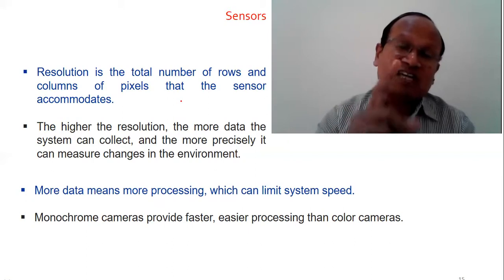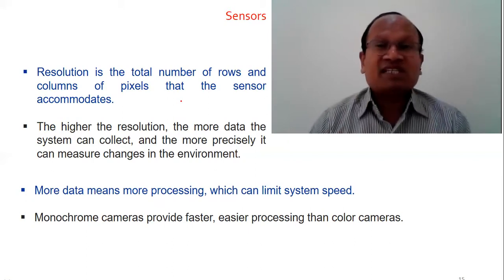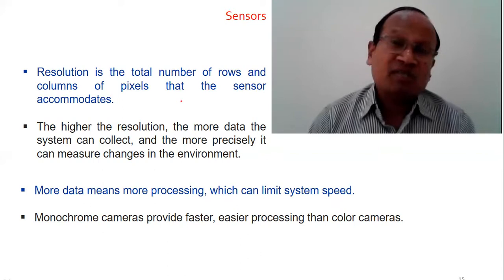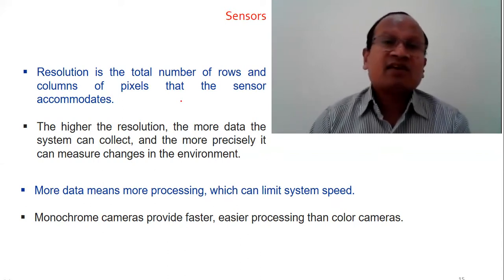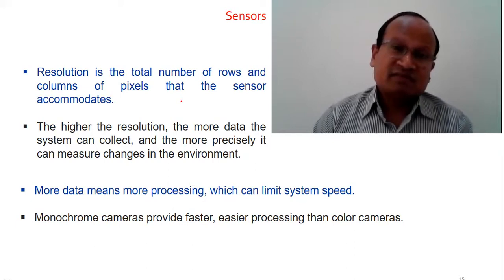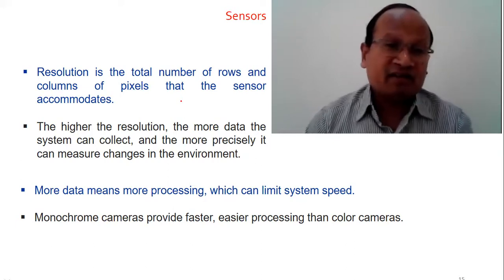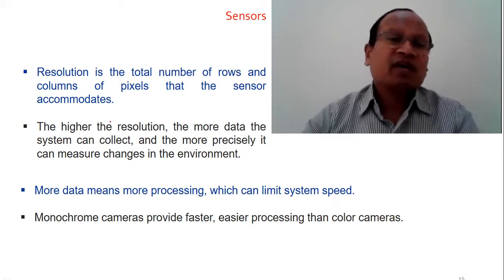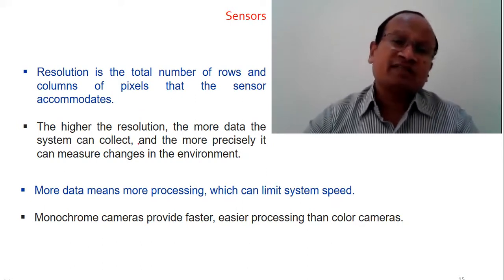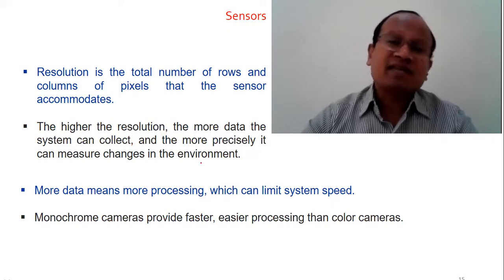And if poor quality or poor resolution pictures are applied to the image processing and computer vision system, the analysis will be hampered and might not produce an appropriate result. The higher the resolution, the more data the system can collect and the more precisely it can measure the changes in the environment.